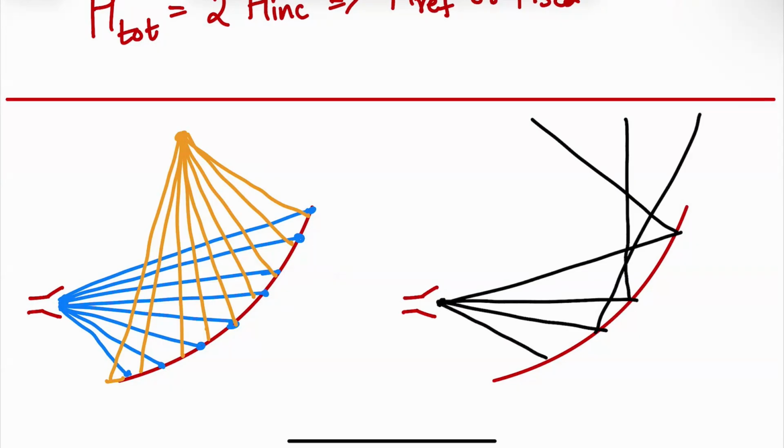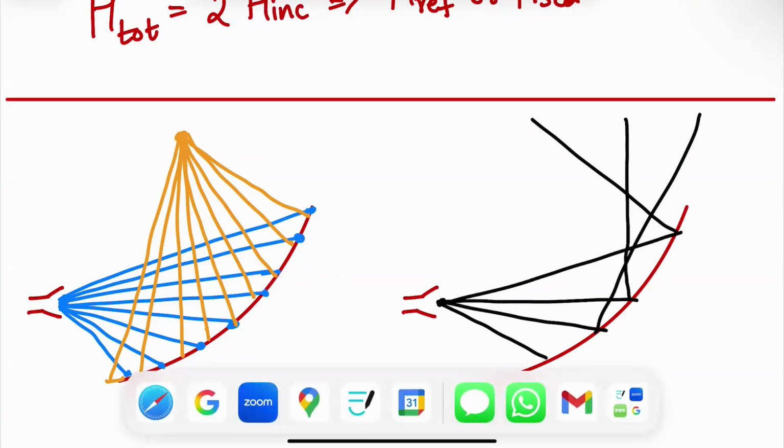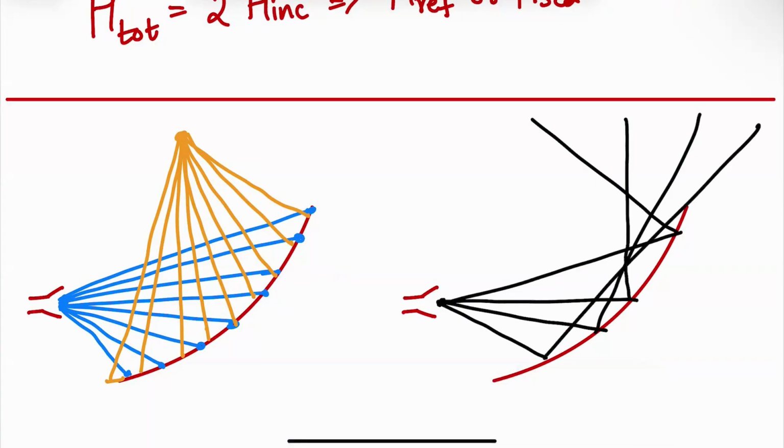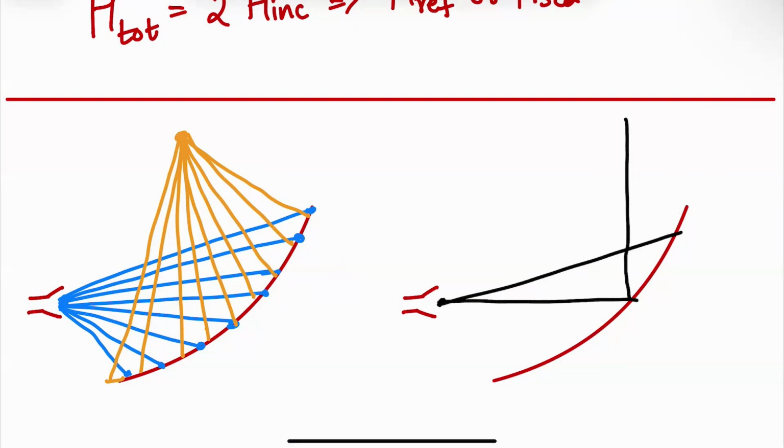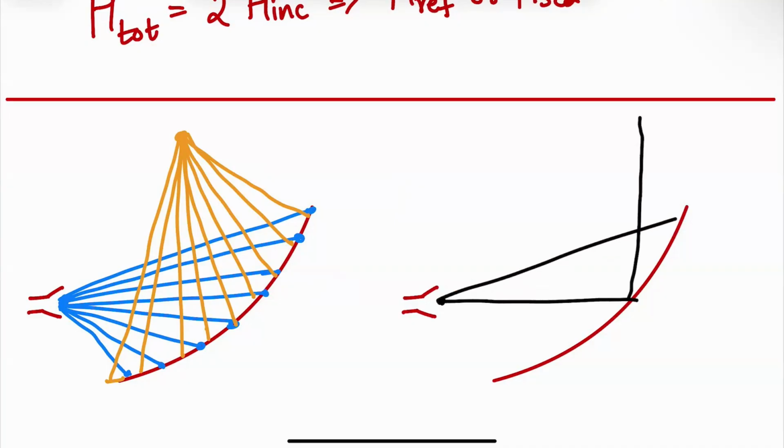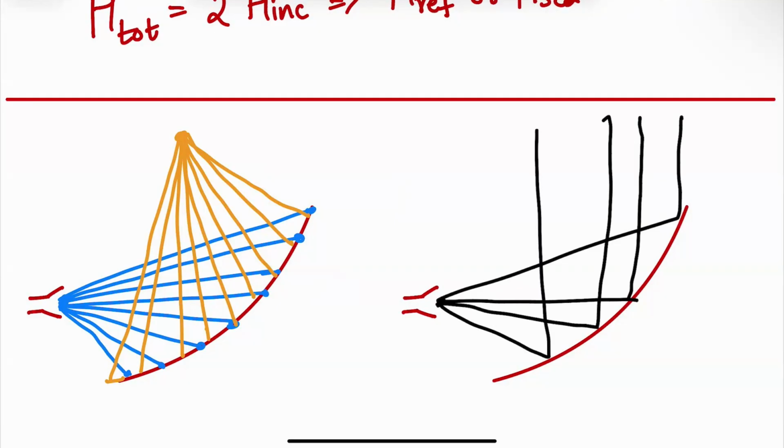Have a ray here, maybe that goes that way. Something like that, right? Or if you like, this is parabolic maybe, and I'm putting my horn feed on the focus, then all of these rays kind of go out parallel. Something like that, let's say.